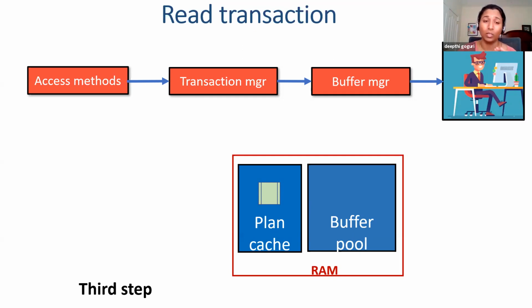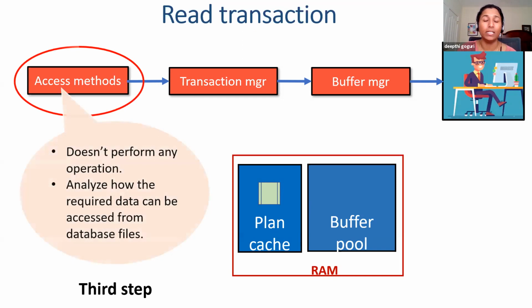But once the query reaches the third step, all the difference happens here at the transaction manager component and the buffer manager component. First, let's talk about the access methods for the read transaction. Access methods by itself don't perform any action; all they do is analyze how to grab the results from the disk subsystem.